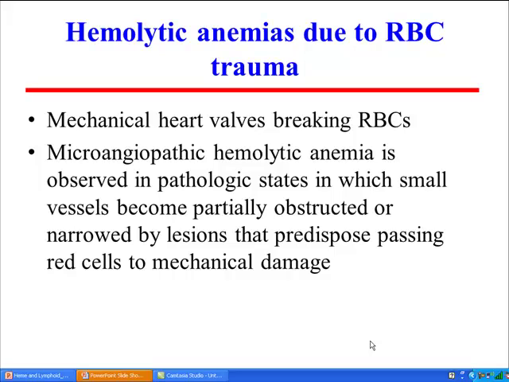The most frequent cause of these small vessels becoming obstructed is disseminated intravascular coagulation, in which the vessels are narrowed by the deposition of fibrin. So other causes of these microangiopathic hemolytic anemias can include malignant hypertension or lupus, or even some cancers.